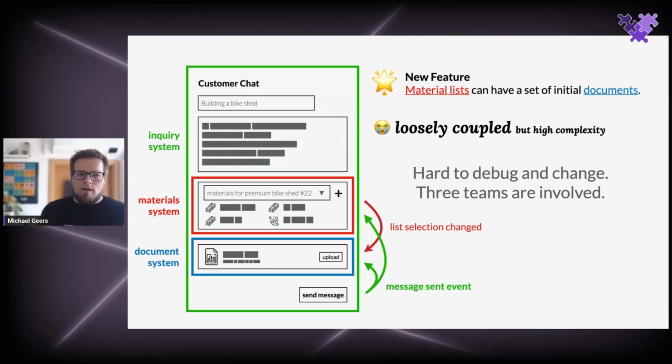When there was an error, so the customer says, I didn't get the attachment, or the product list was empty, for example, it was not clear which of these three teams did something wrong. So all of these three teams had to come to the table, discuss, and try to debug their different systems. And this was quite complicated.